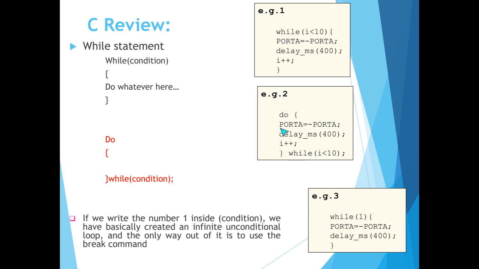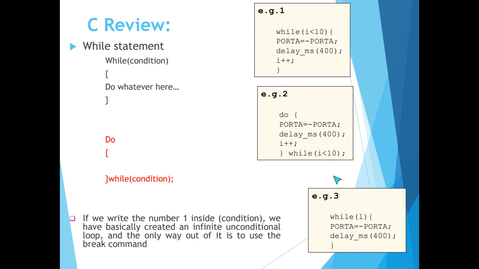These two are the same, but in the first one, the code starts by checking the condition, and then the body of the statement is executed, and in the second one, the condition is written at the end of the code.